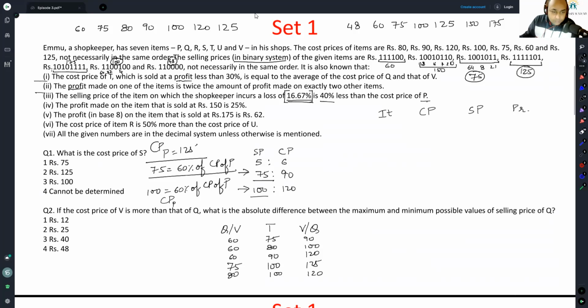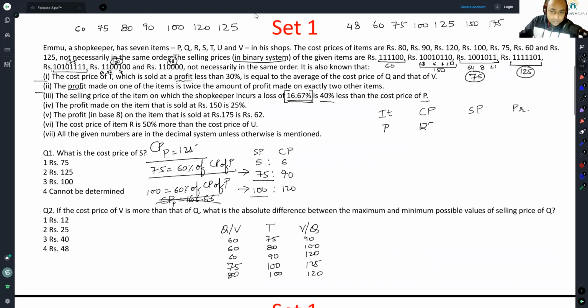Here I would get CP of P is equal to 166.66, which is not an acceptable possibility because in the list of cost prices that we have, there is no 166.66.